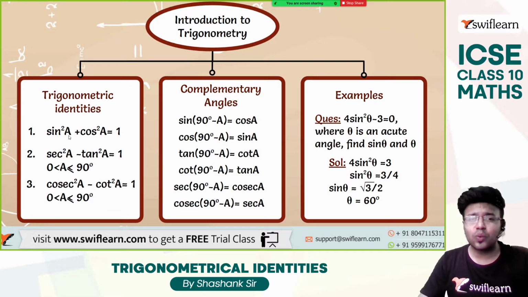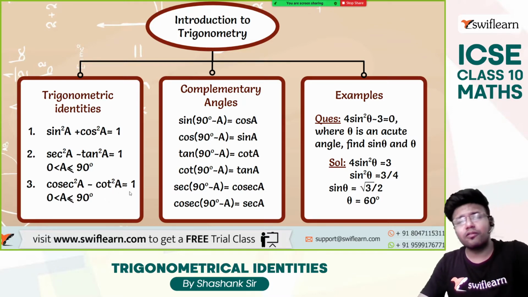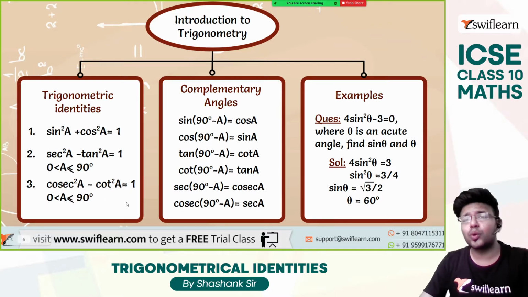Okay, sine square A plus cos square A is equal to 1. For all the values of A, this is true. Sec square A minus tan square A is 1, where the angle A ranges only from 0 to 90. Even cosec square A minus cot square A is equal to 1, where the angle A lies between 0 to 90 degrees.